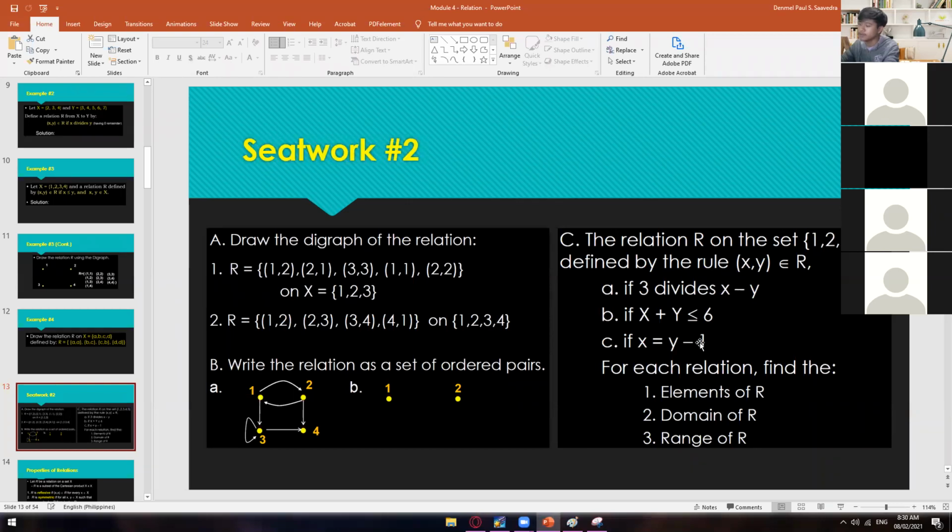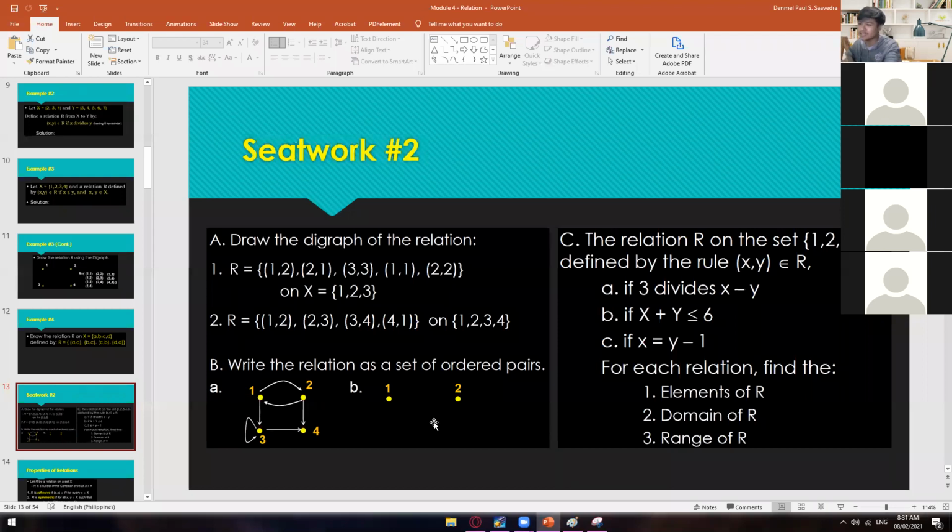Okay, Sir, the letter B has no relations. How do we write that as ordered pairs? Yes, since there is no relation, this one should be your assignment. Okay, so as I can see, there is no relation, so I'll just give this one as a bonus.